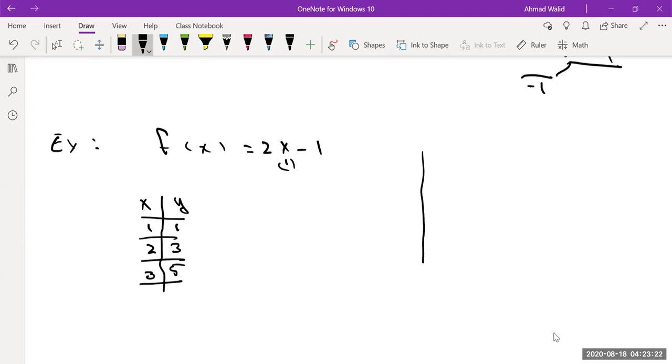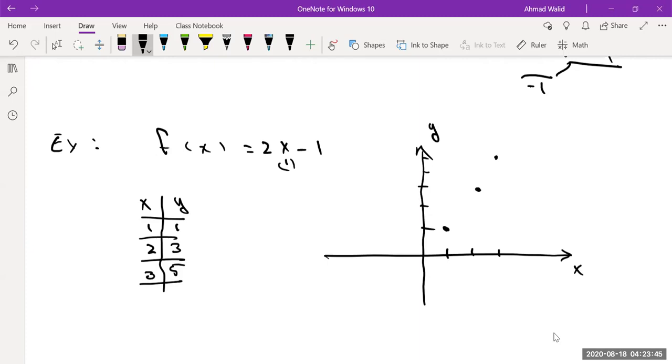And if I want to graph this line, it's really easy to graph, right? This is x, this is y. When x is 1, y is 1. It means this point. When x is 2, y is 3. This point. When x is 3, y is 5, somewhere here.